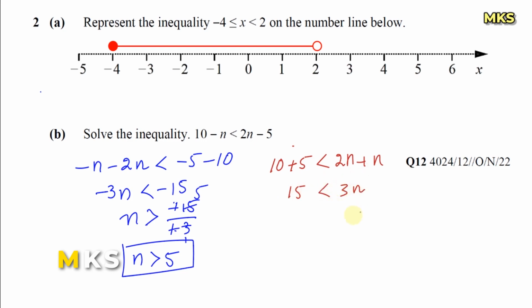So we shift 3, which is multiplying n, to keep n alone. It is multiplying, so it will divide 15. And again, 5 is less than n, which can be written as n is greater than 5.